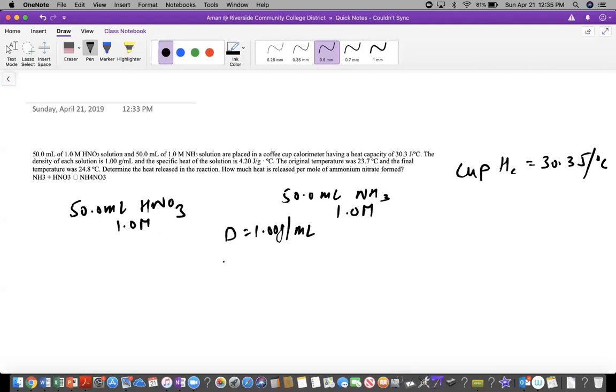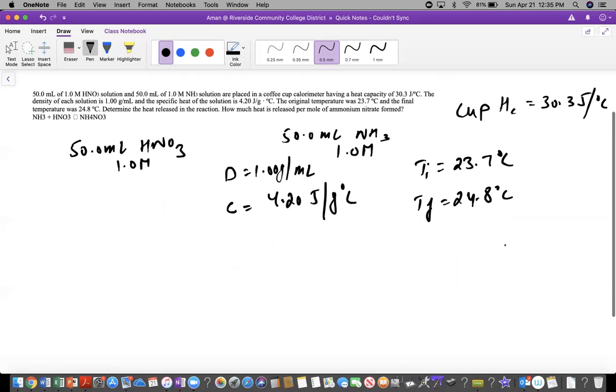And we're given the specific heat capacity, which we show as small c or s, 4.2 joules per gram degree Celsius. Your initial temperature is 23.7 degrees Celsius, and the final temperature is 24 degrees Celsius.